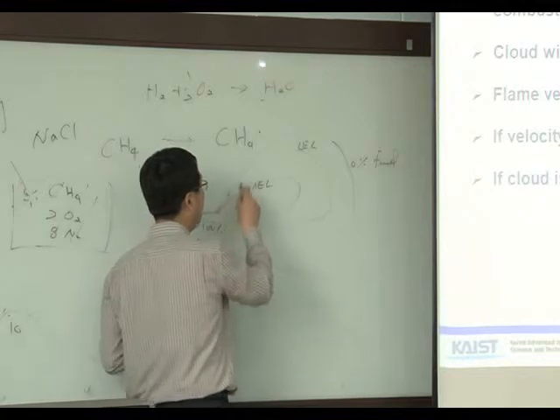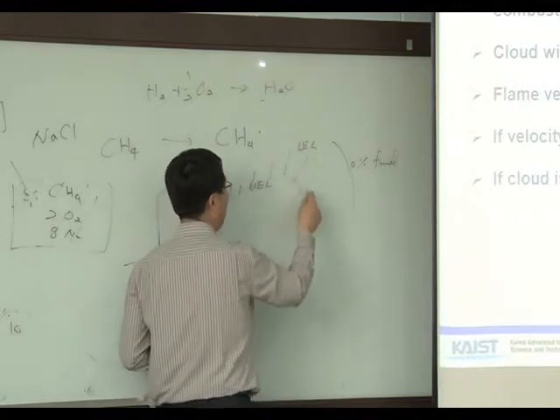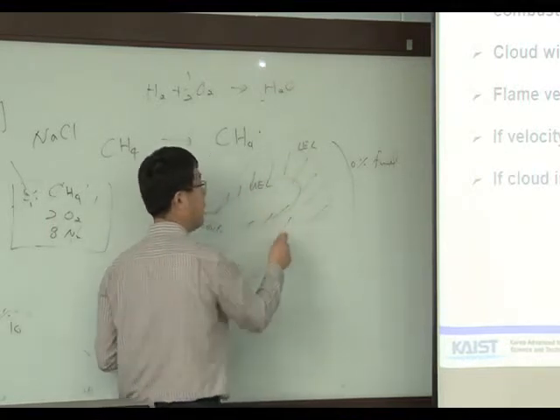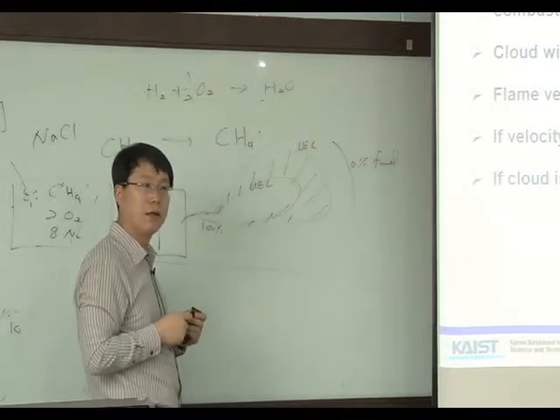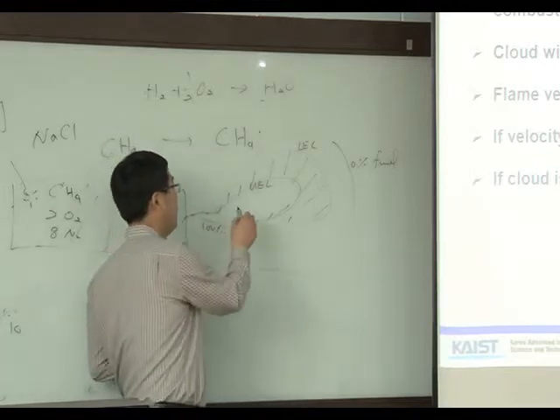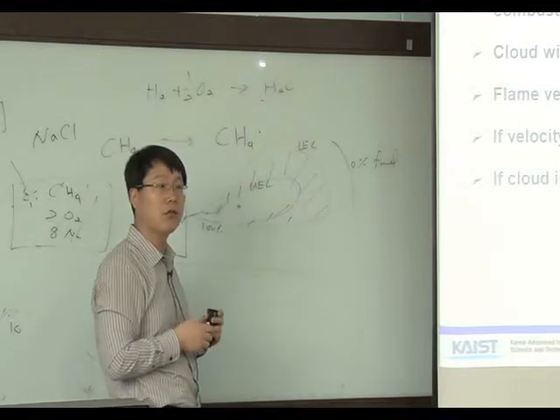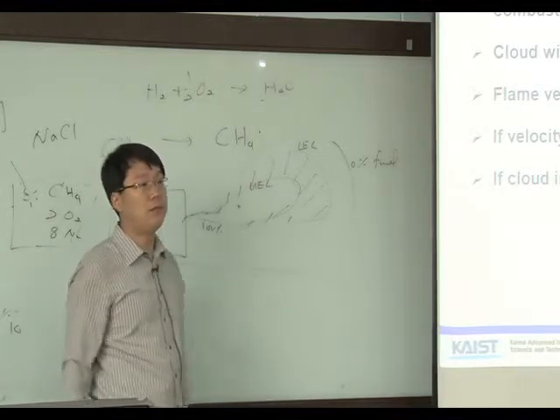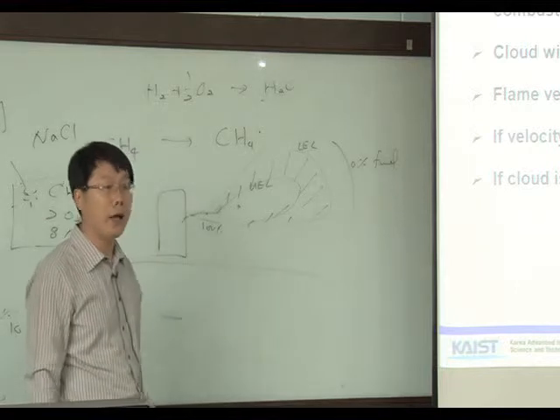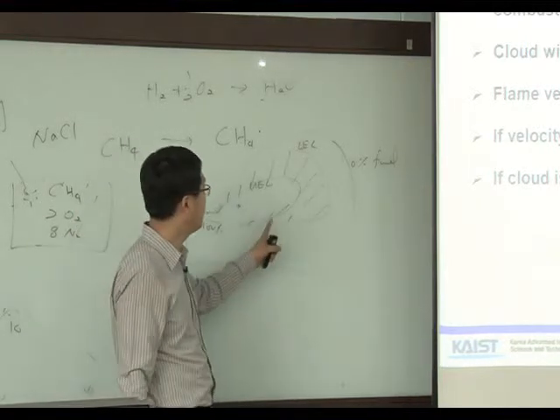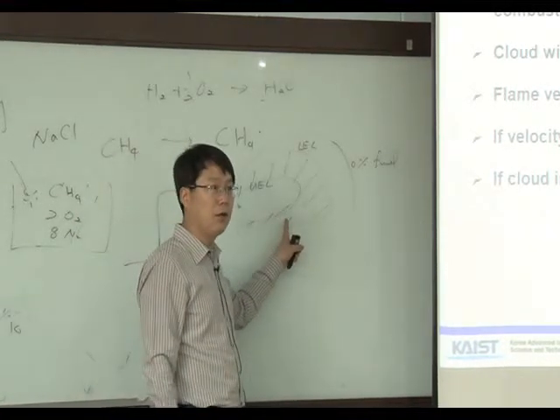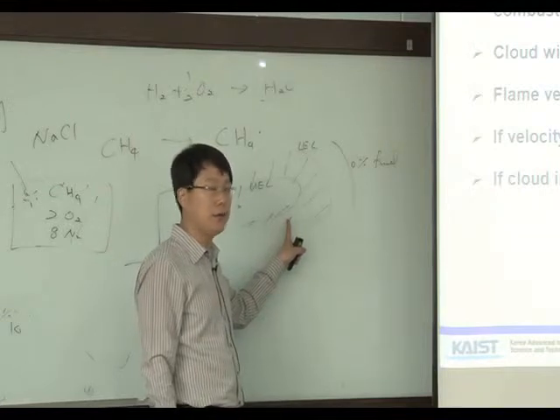So only this area can be ignited, right? So if we have a spark here, nothing happens because the concentration of the fuel is too high. So the spark should be between LEL and UEL.